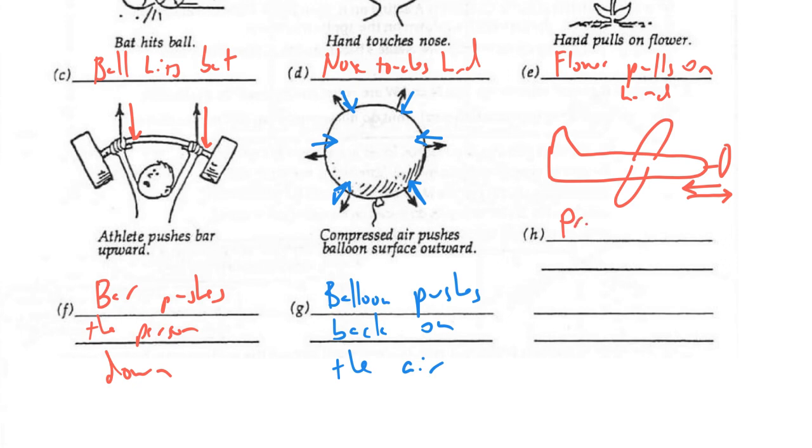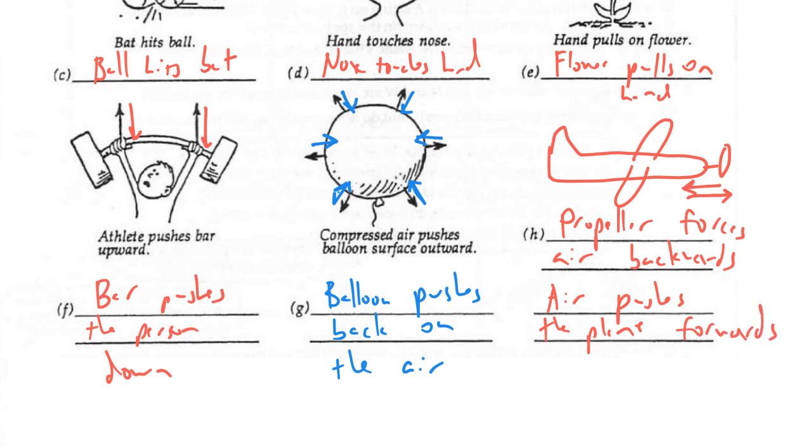So a propeller forces air backwards, and the air pushes the plane forwards. So the plane is taking advantage of a reaction pair by using a propeller to push air backwards. The air then pushes the plane forwards.